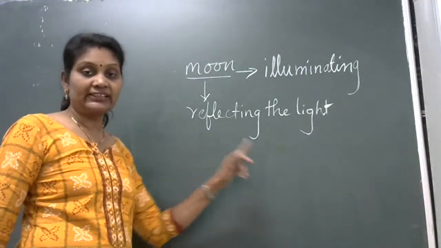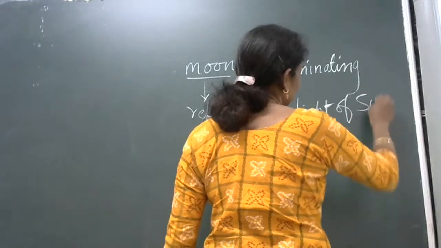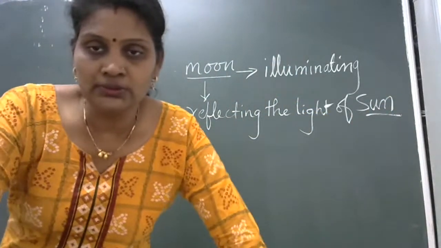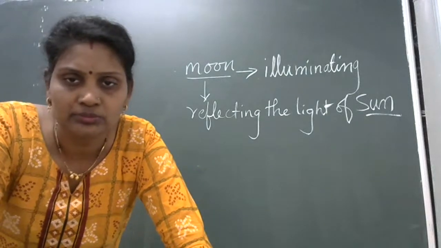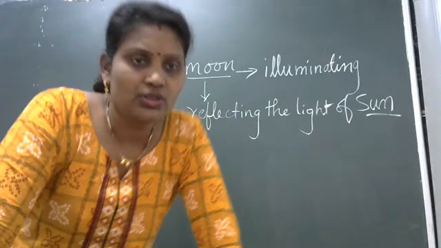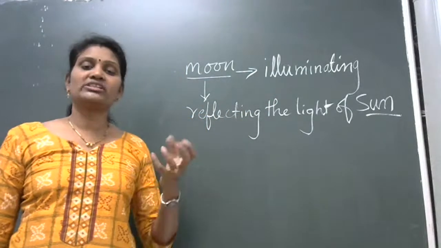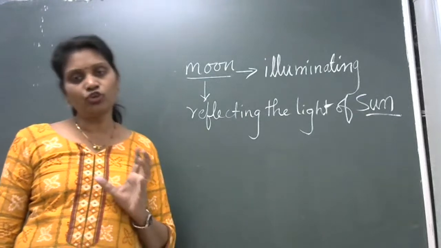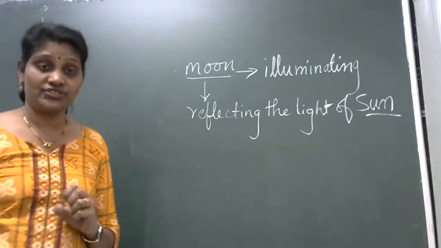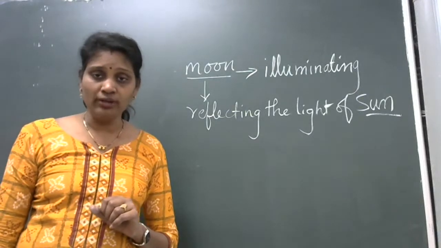ये डिफरेंस याद रखो. Moon is reflecting the light of sun. क्योंकि ये जो लाइट लेता है वो किसका है? सन का है, और वो उसको रिफ्लेक्ट करता है. जस्ट इट इज रिफ्लेक्टिंग द लाइट. अंडरस्टूड नाउ? क्लियर टू ऑल?